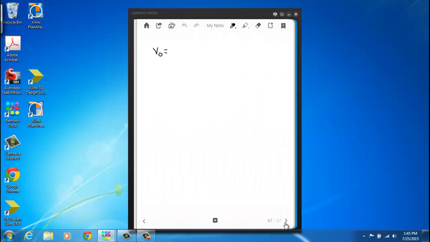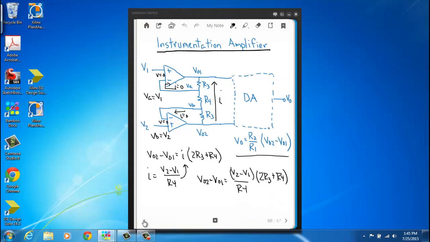So Vout, after we make that substitution, we're going to plug this up into here, and then just bring the R4 inside, so we'll have 2R3 over R4 plus 1.